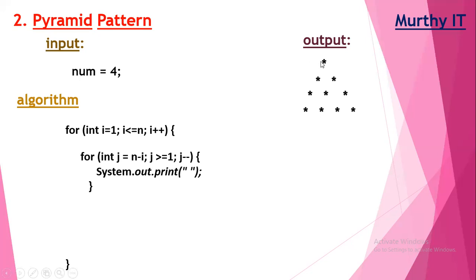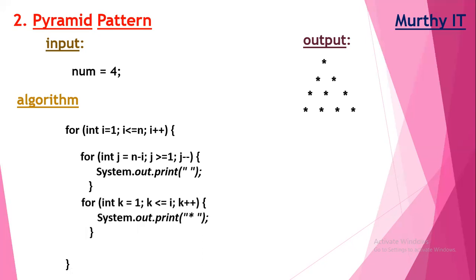After printing 3 spaces, I am taking another loop for printing the star: int k equal to 1, k less than or equal to i, k plus plus.